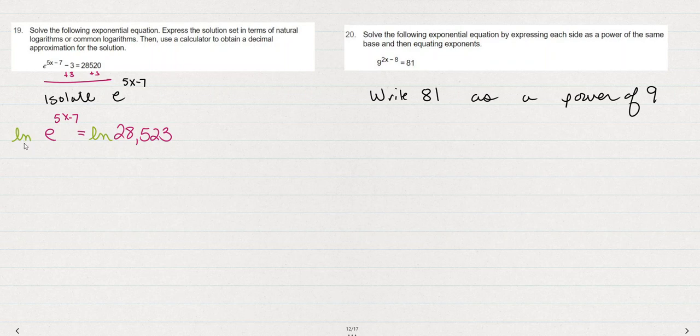You could do log base 10 or log base 7, log base 15, whatever log base you want, but our calculator is only going to do log base 10 or log base e. And whenever there's an e in the problem, the best approach is going to be natural log, so log base e. When I do the log of both sides, this exponent falls right out.